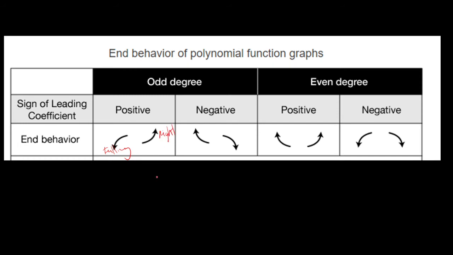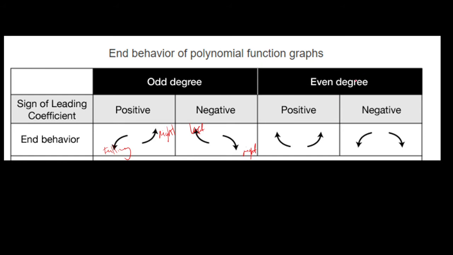Okay? If it is negative and an odd degree, it will be rising to the left and falling to the right.